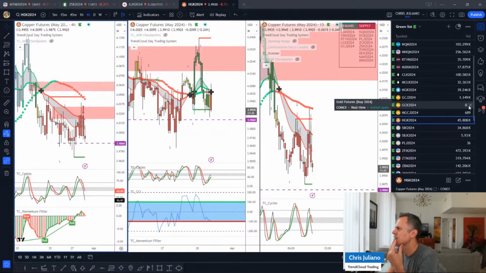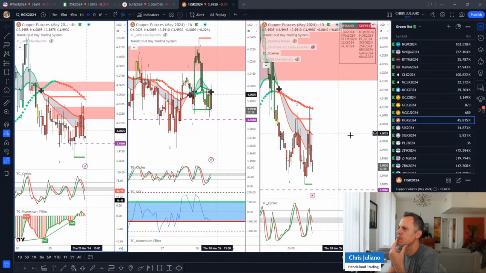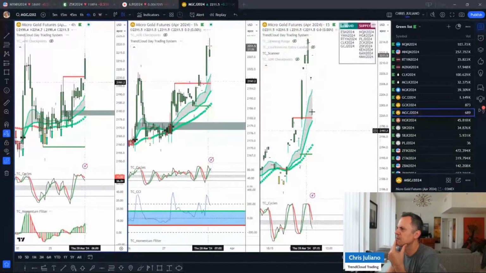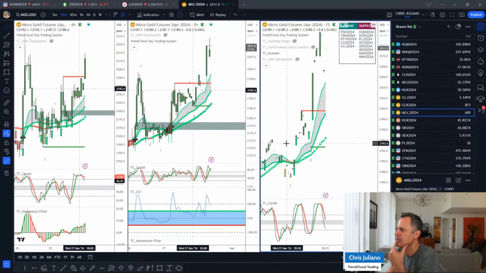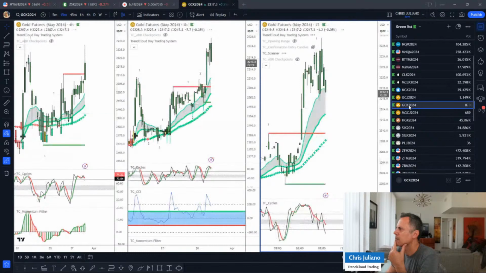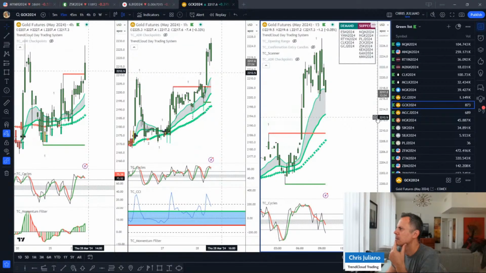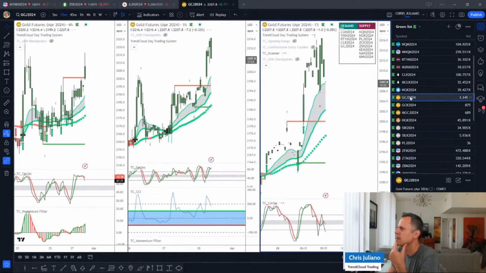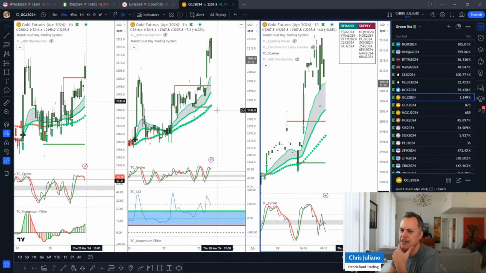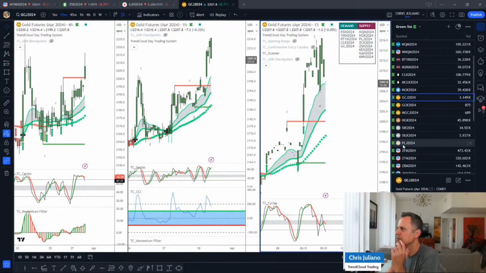Gold is not yet on the K contract. The volume is still on J. So we must be transitioning. Whenever you see little mouse tracks like this, you've got to stay away. So whether you're on the K or the J contract, not looking good on gold.